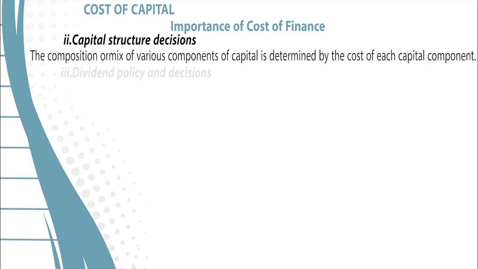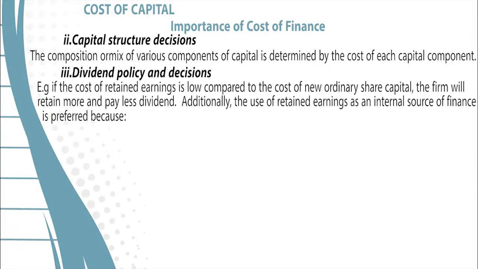We can also talk of dividend policy decisions. For example, if the cost of retained earnings is low compared to the cost of new ordinary share capital, the firm will retain more and pay less dividends. Additionally, the use of retained earnings as an internal source of finance is preferred because it does not involve flotation costs.